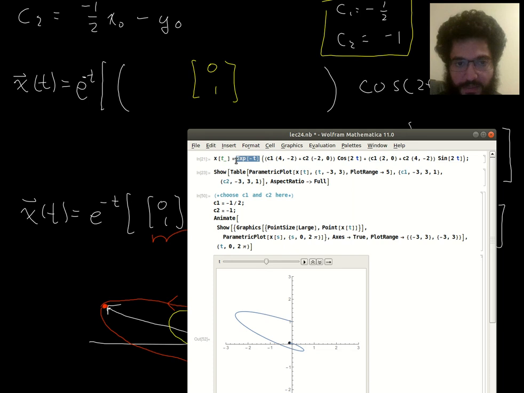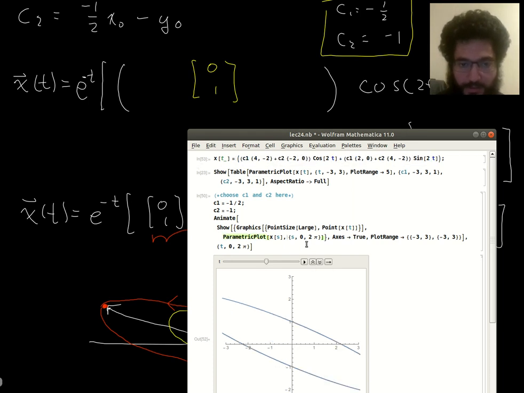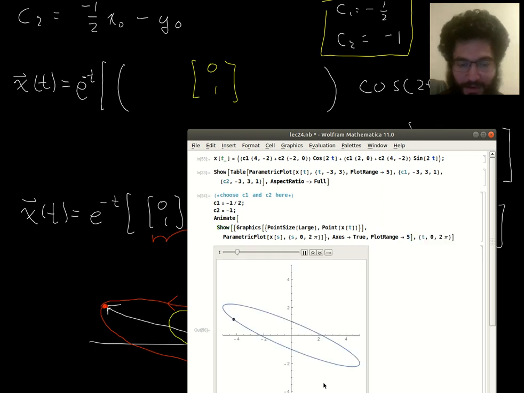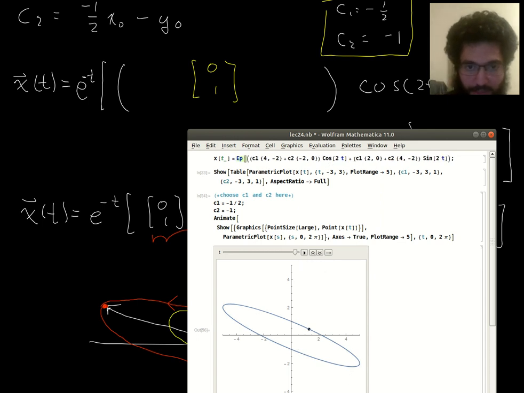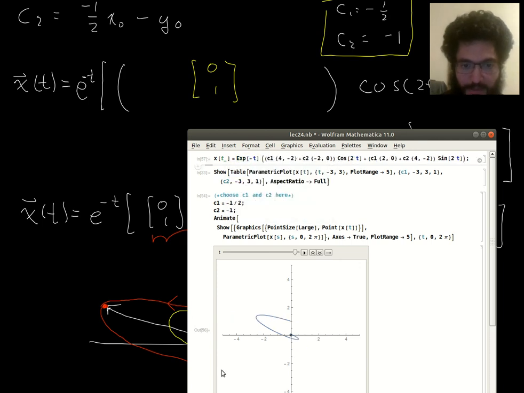And if I remove this exponential factor here, then I want to expand my plot range. I think instead of this, I can just put one number, like 5. There. You can see it goes around an ellipse, and it's still doing it twice. So all we're doing is putting exp minus t here. Now it's like that.